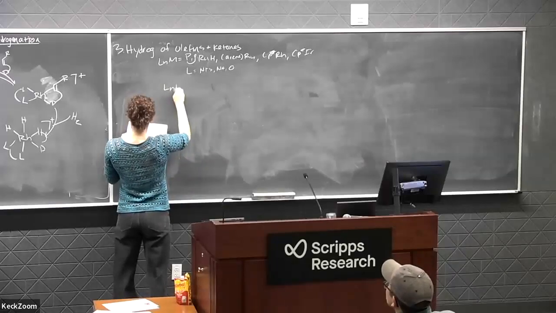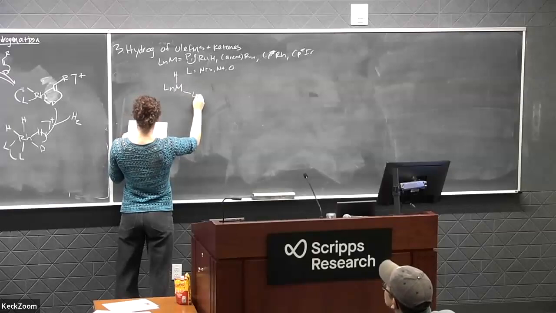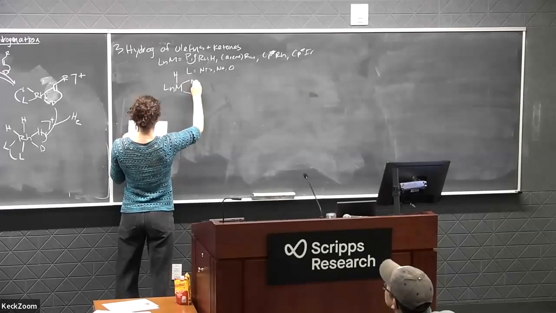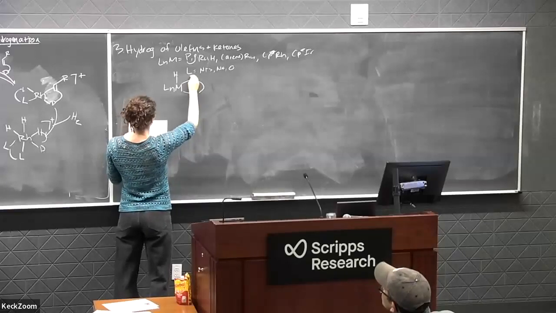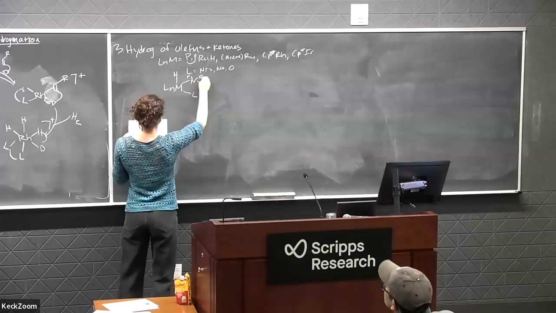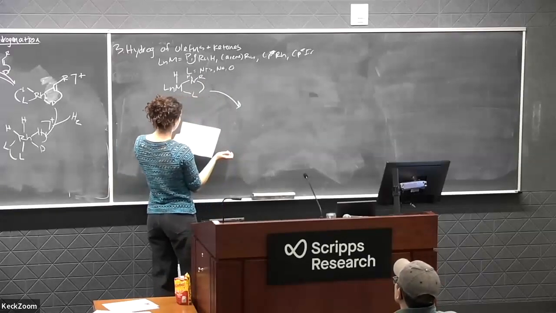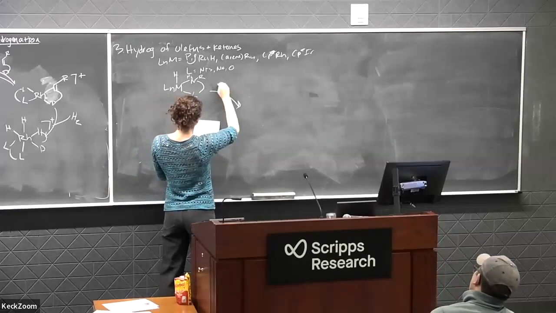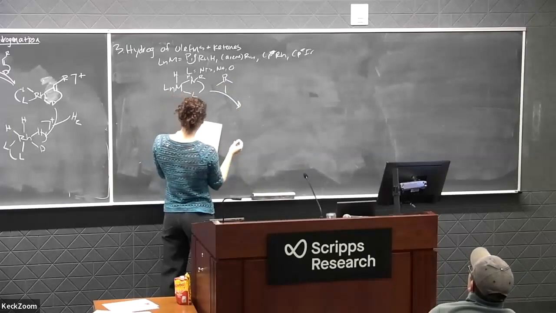we're going to start by showing a metal hydride where we have an N-L. So here's what L is, and then N is HR. So for this one, we're going to show the hydrogenation of ketones. I'm just going to draw this as acetone for simplicity.